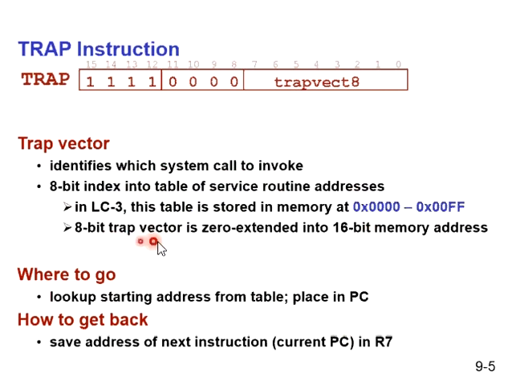These 8 bits are the index in the table of subroutine addresses. With the 8-bit trap vector, we get the index in the table. For example, when we have 0x31 hex, at that time we have the index 0031. We can go to the memory location at address 0031 in the table and find out its content.